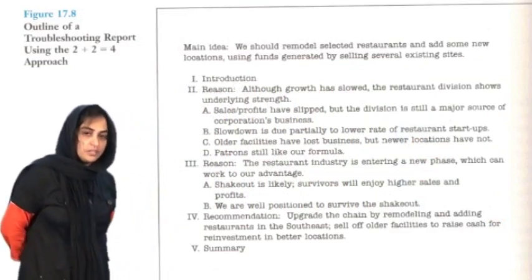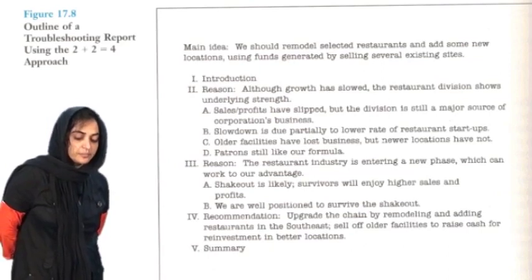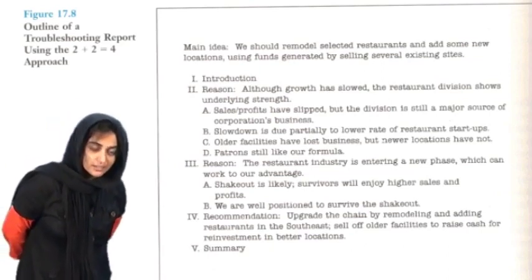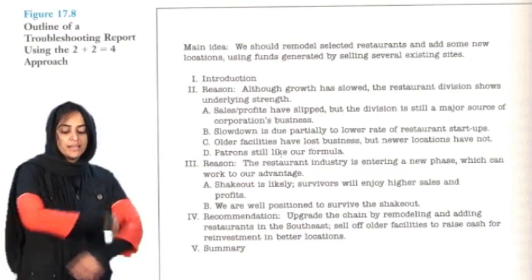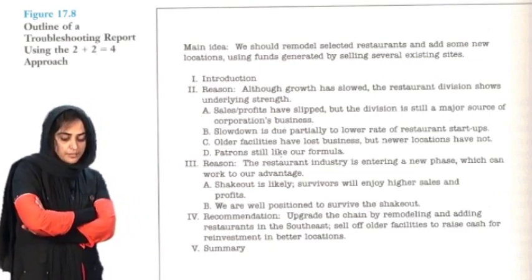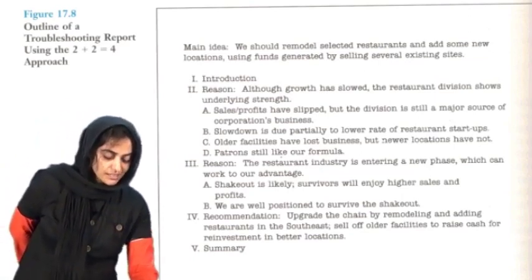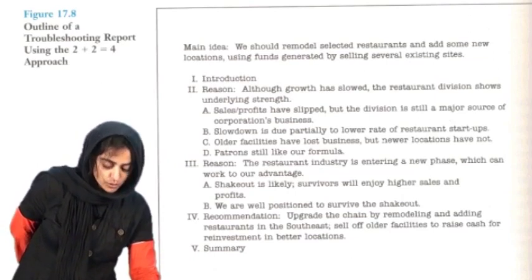Dear students, as you can see on the slide, it's the outline for the analytical report by Mr. Johansson, and in this outline you can see that it begins with an introduction. In the very beginning, it's not part of the outline, the main idea is floated, just to make you understand.